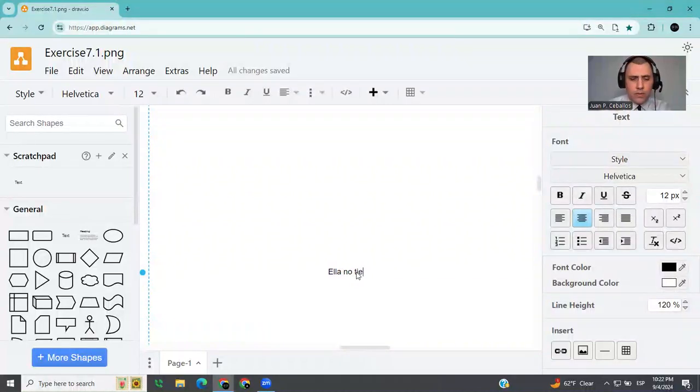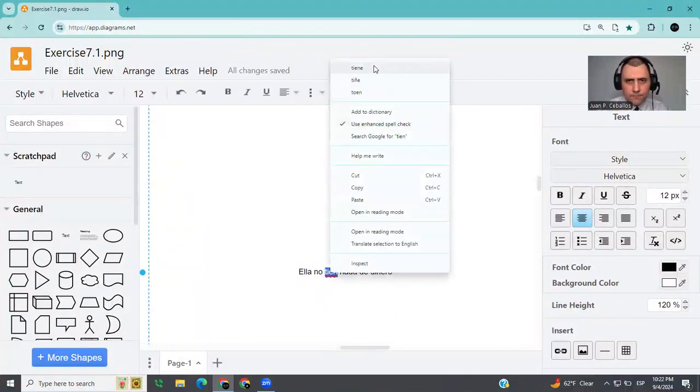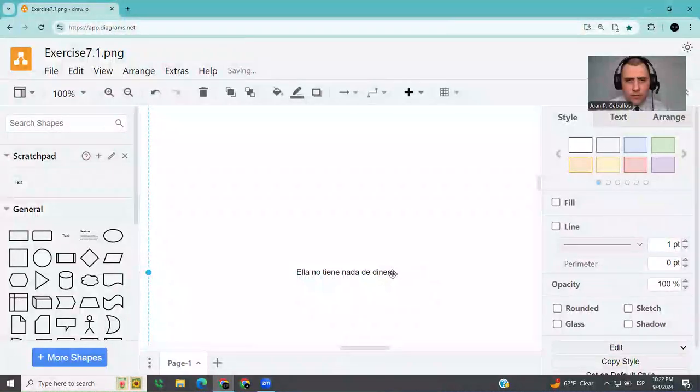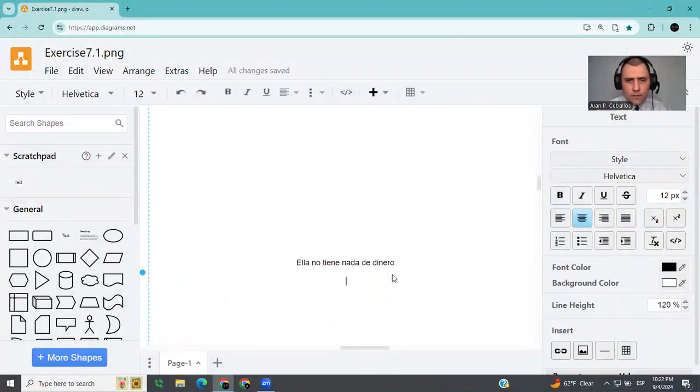Ella no tiene nada de dinero. And the other way to do this, in most cases, you can do it in two ways. So double negative, no, and nada.